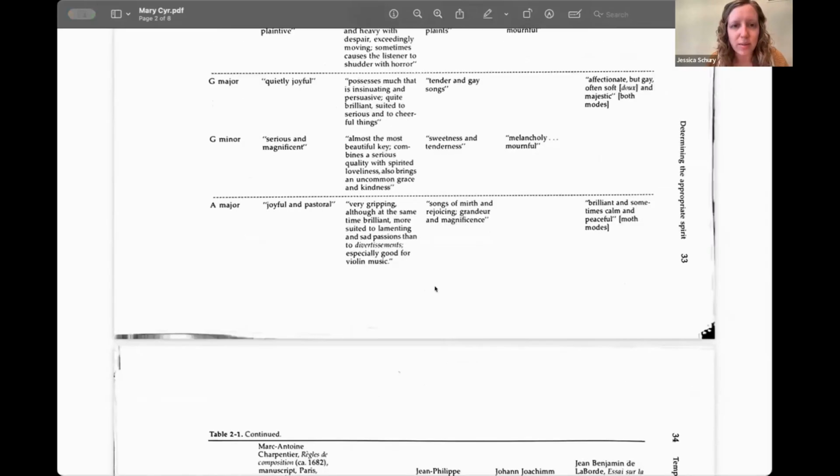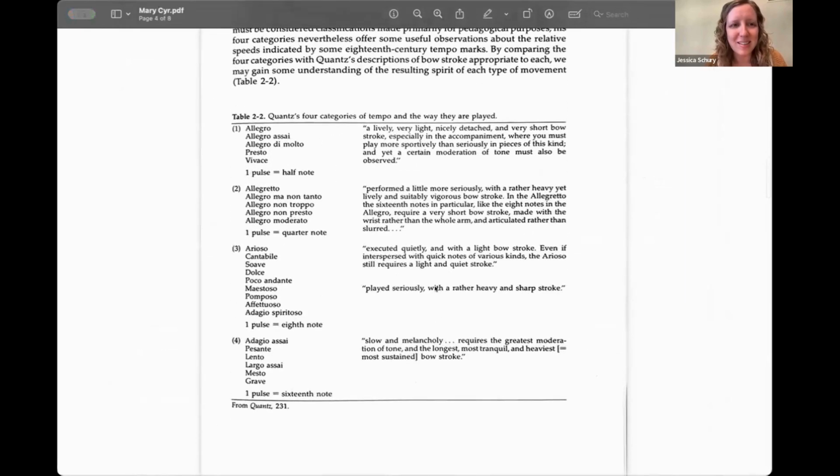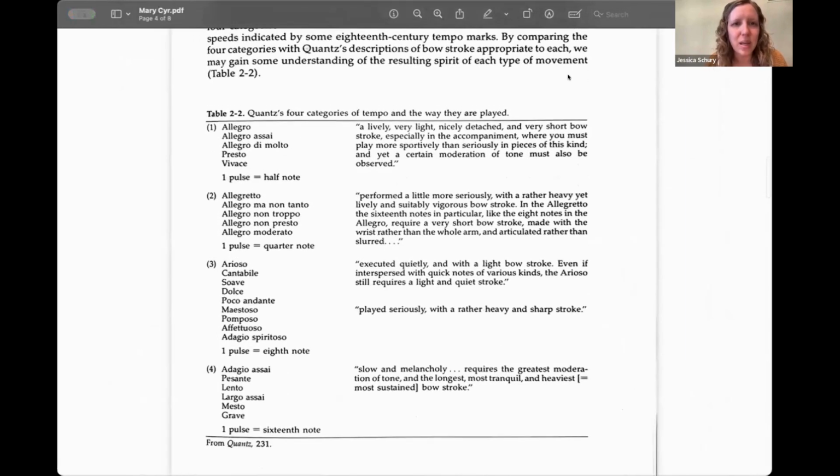Anyway, so I think it's very important to take into context the character, and I'm going to share Mary's summary of Quantz's. Actually, Quantz in his book also categorizes tempos in 4 different ways. Okay, and you can take this directly from the Quantz book. He just wrote it in paragraphs.